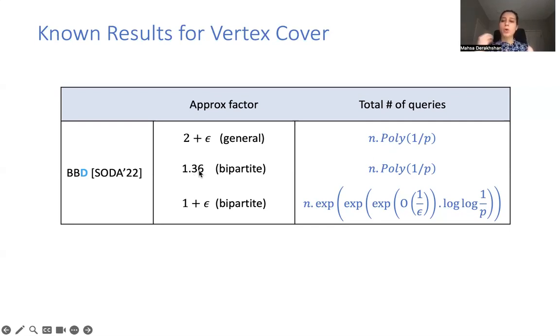And if you allow more queries, which is exponential in 1/p, it is possible to get a 1+epsilon approximation for bipartite graphs. We know that Omega of n over p queries is required to get any constant approximation, so these two have asymptotically tight number of queries.